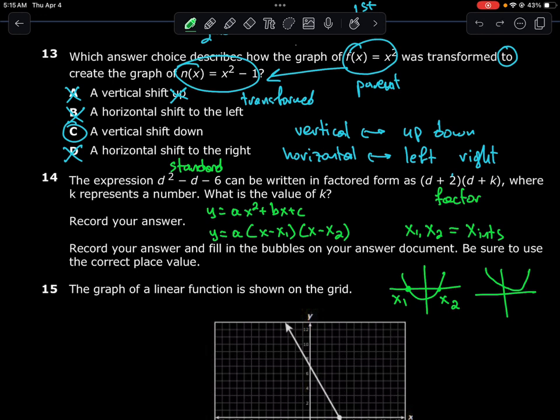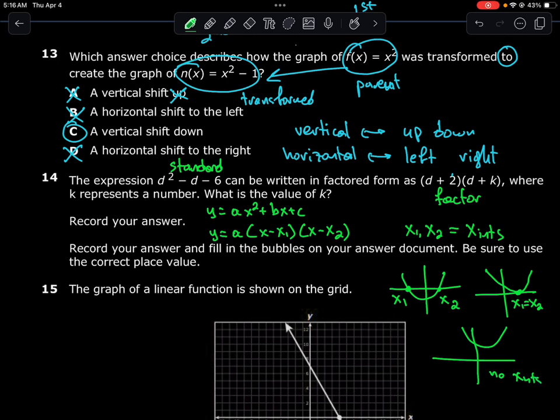I didn't draw it nicely, but it just touches. Then you have x1, which is the same as x2. And sometimes it doesn't touch the x-axis. Here there are no x-intercepts.